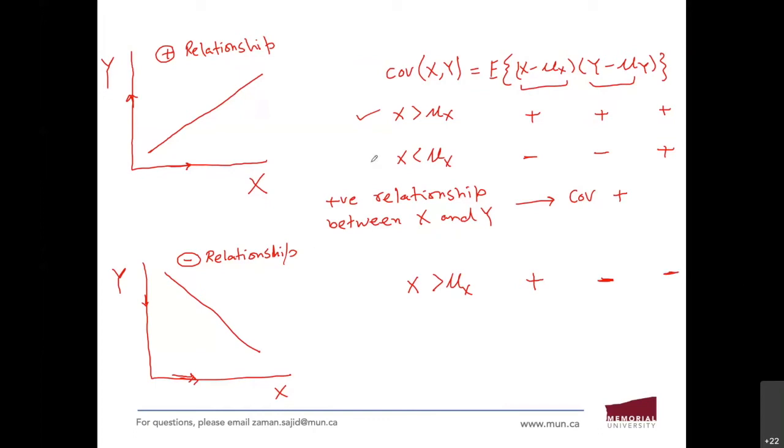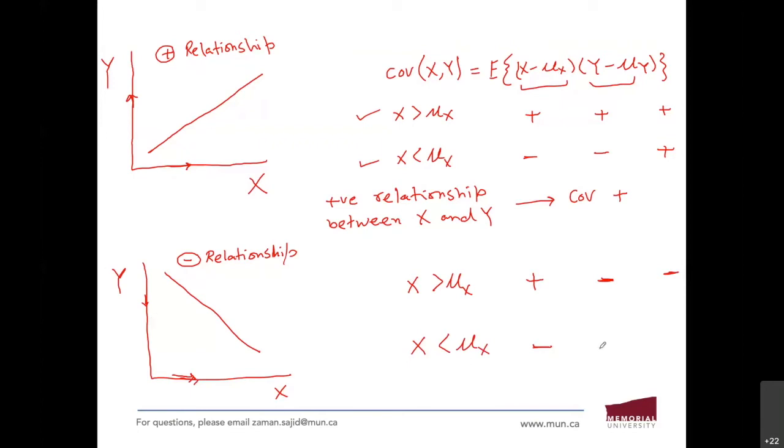Now let's take this scenario here, when x is less than mu of x. In that case, this term will be negative. However, because here again the same relationship, the y will be increasing because x is decreasing.